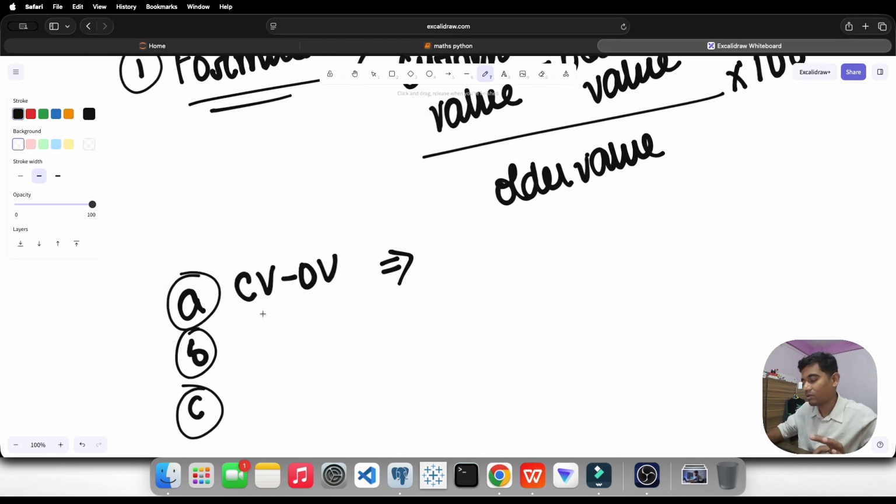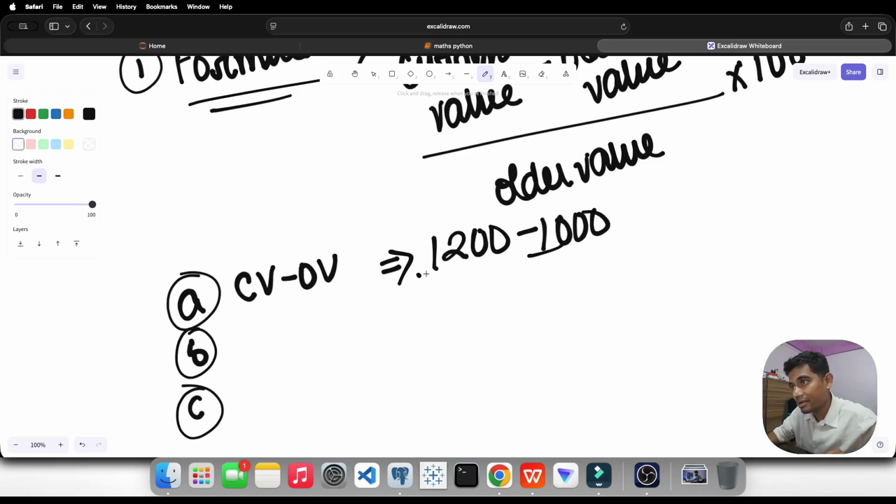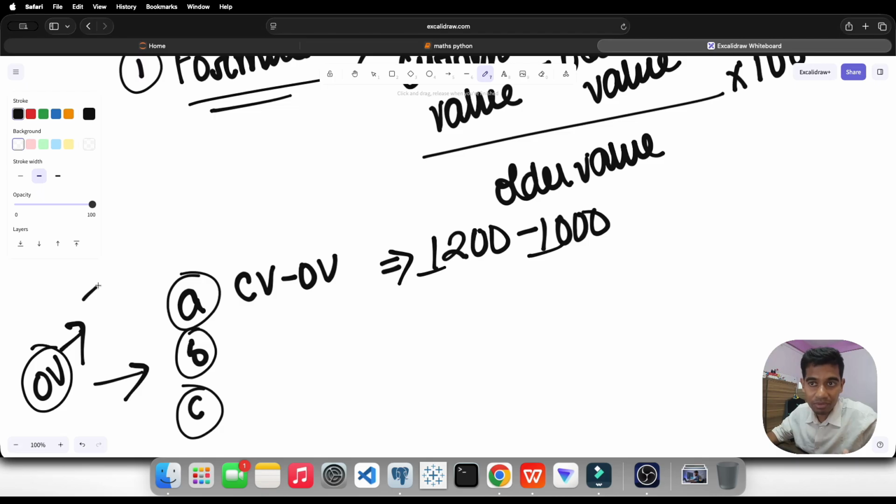Let's take the same formula and execute it. 1200 minus 1000, current minus older value. What we are comparing it with? Older value, right? Older value means June value.